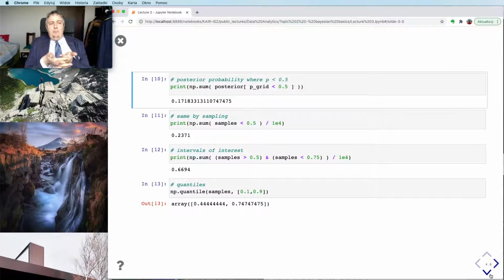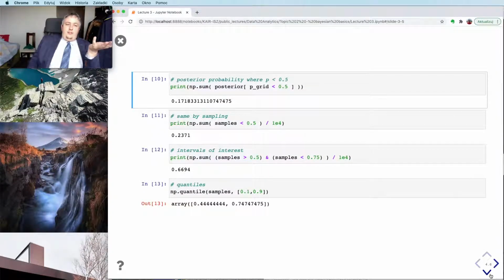But now we have samples on which we can compute multiple statistics. For example, in order to compute the probability that p is less than 0.5, we just need to sum over all the posterior values that correspond to such values of p.